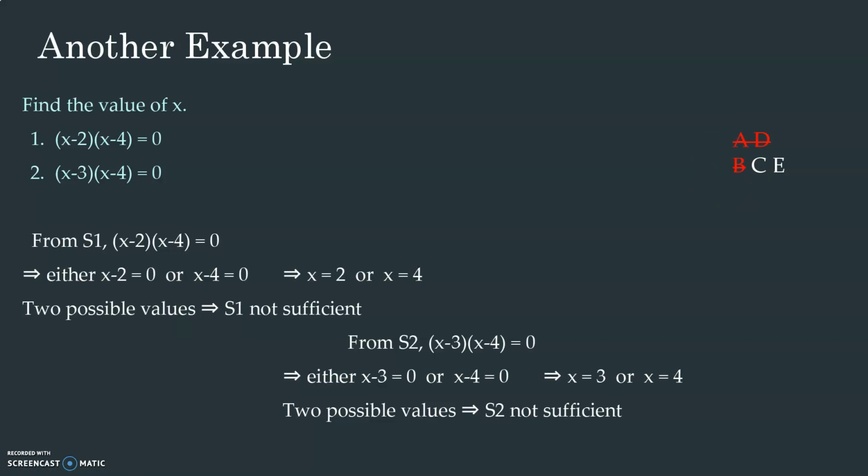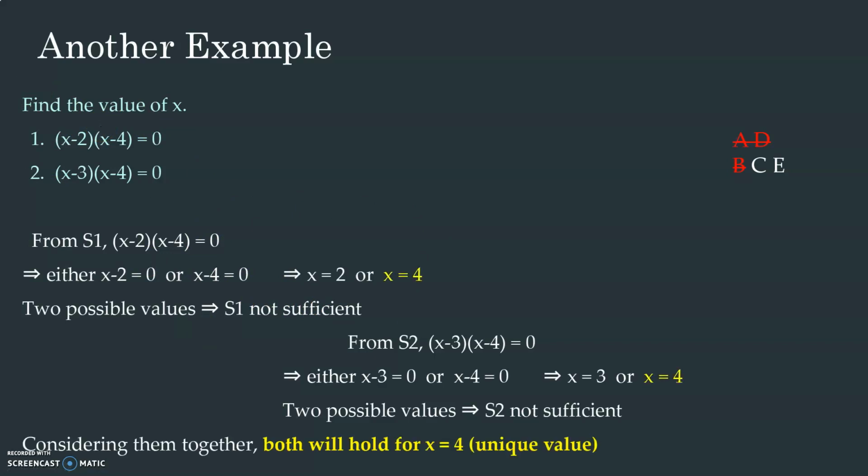Now, since both statements independently are not able to answer, this is when you check both the statements combined, right? By combined, we mean use the information together and then see if you can get a unique answer. Now, considering them together, you have x equals 2 or 4 from the first statement, x equals 3 or 4 from the second statement.